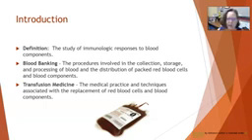Transfusion medicine happens at the hospital, and it's the medical practice and techniques associated with the replacement of red cells and blood components. So it has to do with then giving those donated units to the patients, but first making sure that they've been appropriately matched so that the unit is helpful and not harmful to the patient.